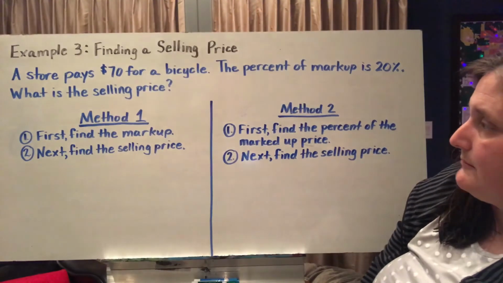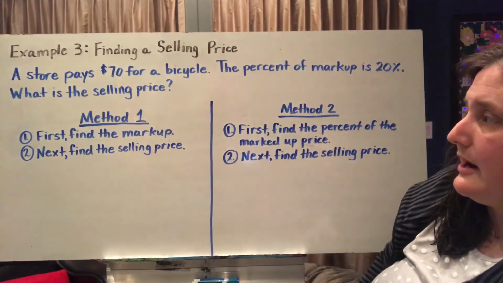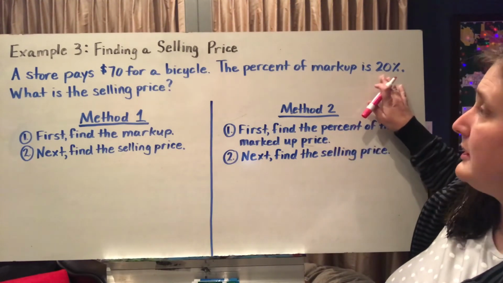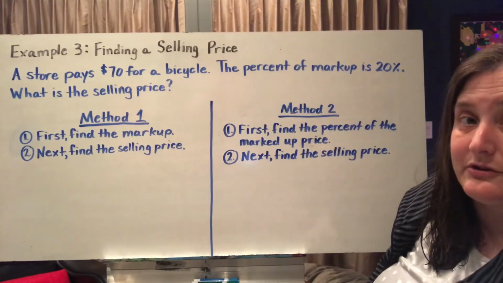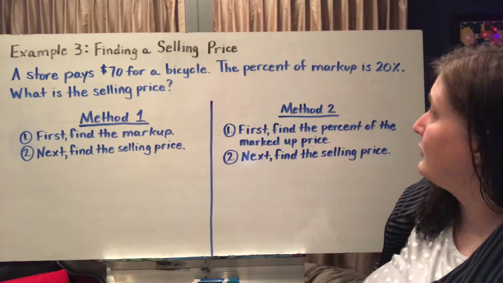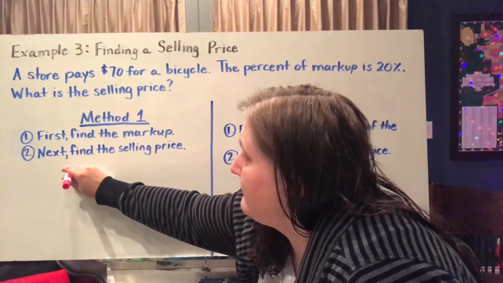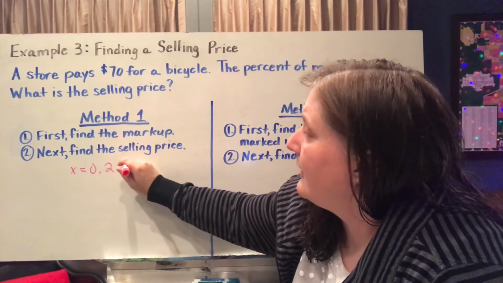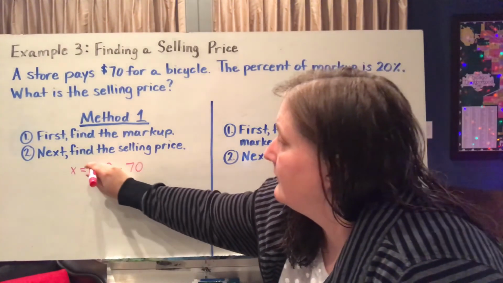So this time, if I'm going to use method 1, I'm first going to find the markup. So I need to know what is 20% of $70. So I'm going to use an equation. So 20% is 0.2 times $70.